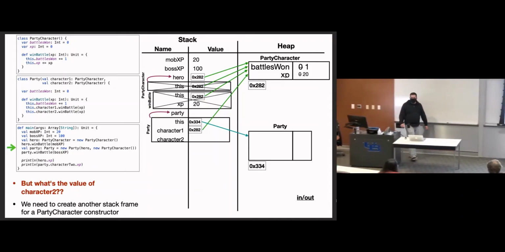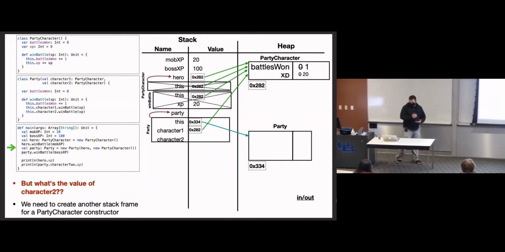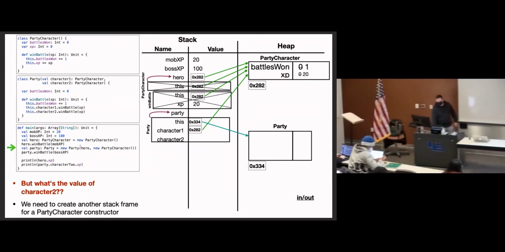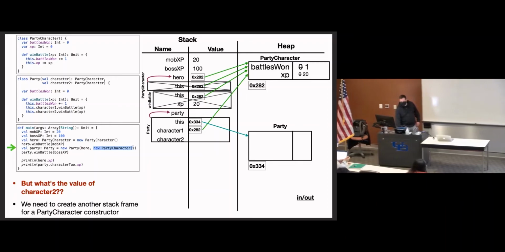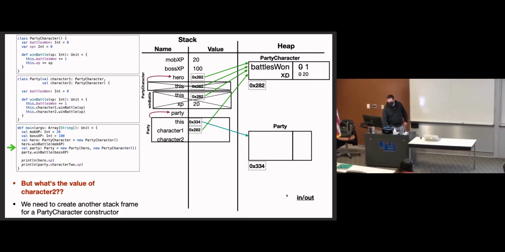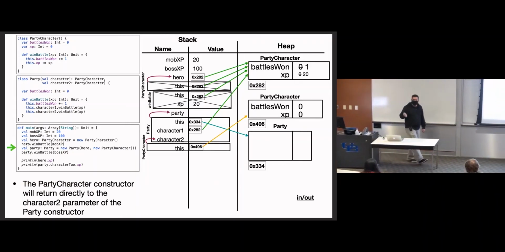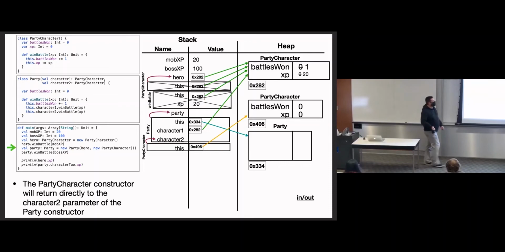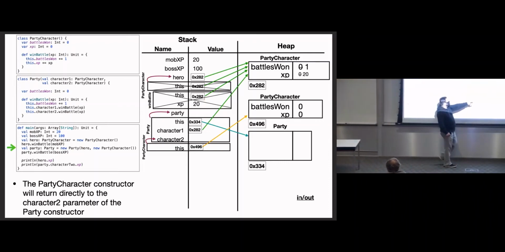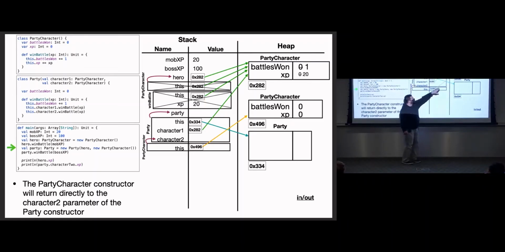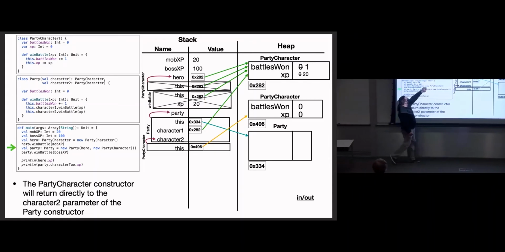So we're going to have to add another frame to the stack to be able to create this, to go through this constructor, the party character constructor. So we're going to add another frame to the stack that's going to create another party character. We're going to get a new party character on the heap. I'm going to call it 496. That's where I'm going to put it in RAM. It's going to get battles 1 in XP just like Hero did.